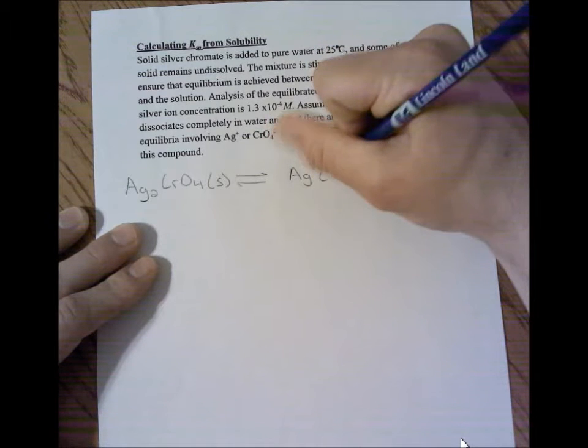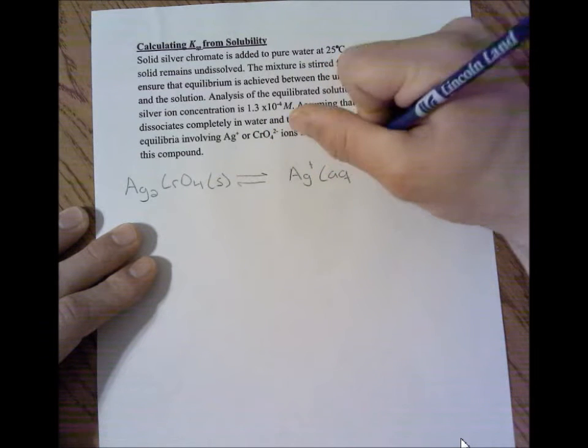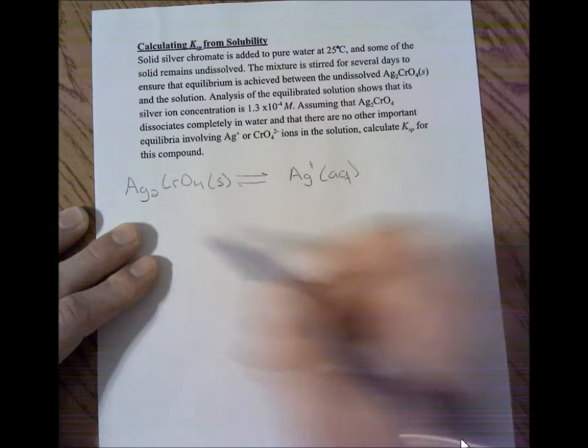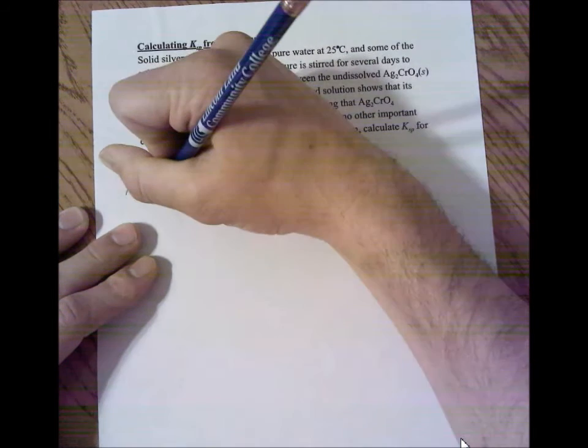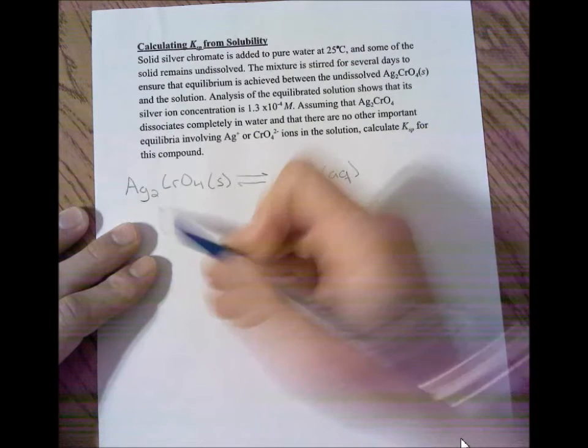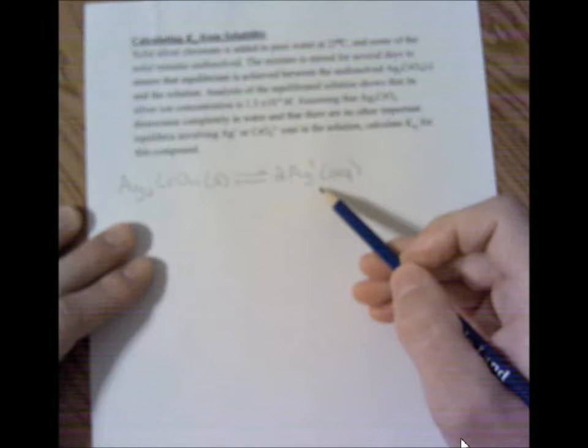And now we have to balance this out. Because we had Ag2 over here on the left, this means that we are going to need 2 Ag+ ions. Now, we also have these chromate ions to deal with, CrO4 2-, and this is an aqueous solution that we have here as well.